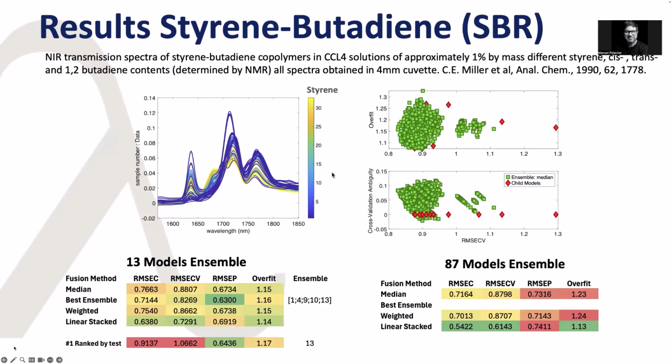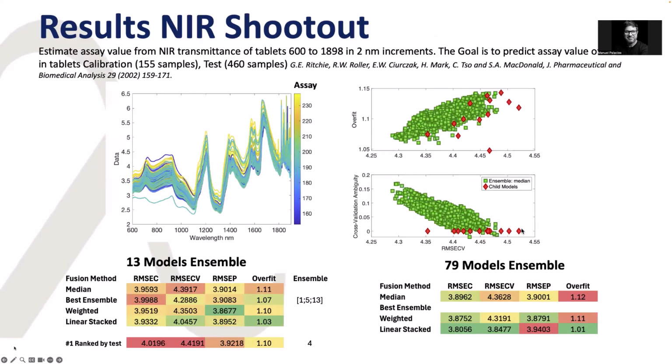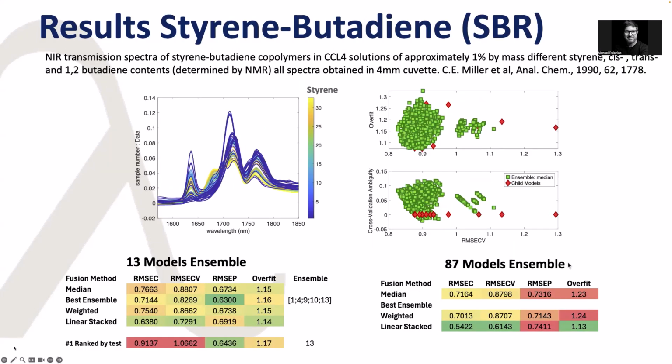This is the SBR dataset, the styrene butadiene, and you're going to keep seeing this kind of trend. It is really hard to pin down exactly when an ensemble of models is going to perform better, as a big ensemble like on the right, or a smaller ensemble.